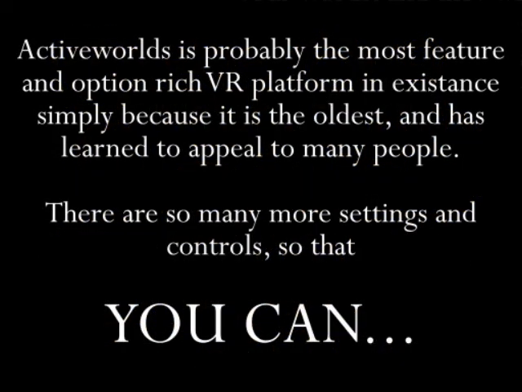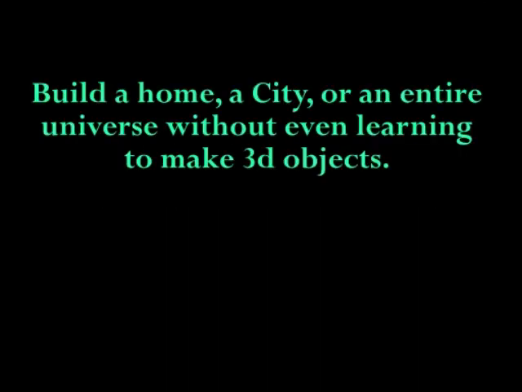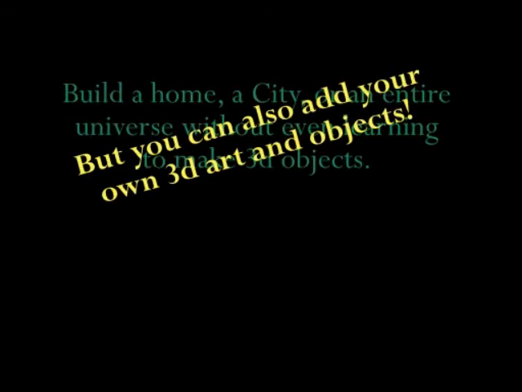Activeworlds is probably the most feature and option-rich VR platform in existence, simply because it is the oldest and has learned to appeal to many people with different communication and learning styles. There are many more settings and controls so that you can build a home, a city, or an entire universe without even learning to make 3D objects, but you can also add your own 3D art and objects.